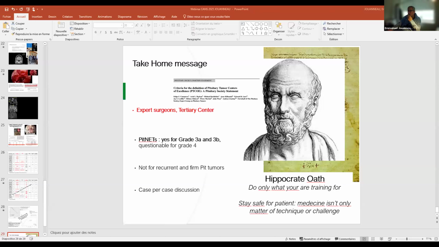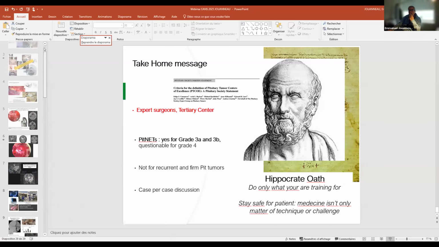So I will share my screen. Does everybody see my screen or not? Yes. If you could just play the slideshow, that would be better. No, because it's not the good screen.